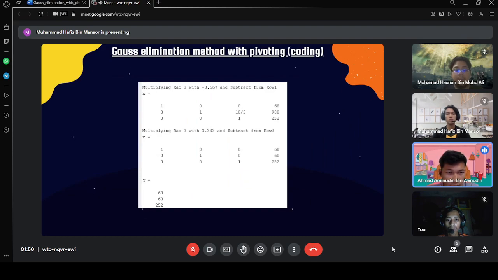And lastly, I multiply, as you can see, I define row 3 with negative 0.667 and subtract from row 1. And finally, I multiply with 3.333 and subtract from row 2, which has given 68, 60, and 252.